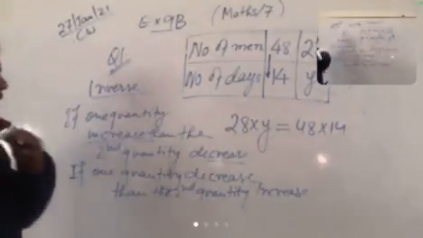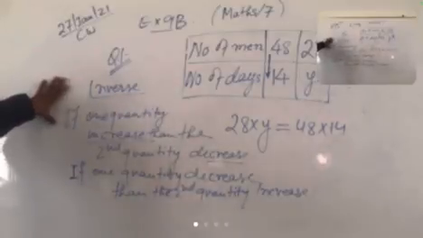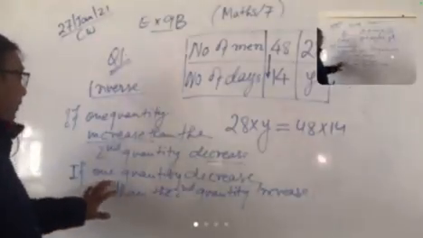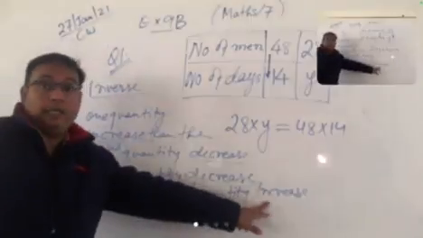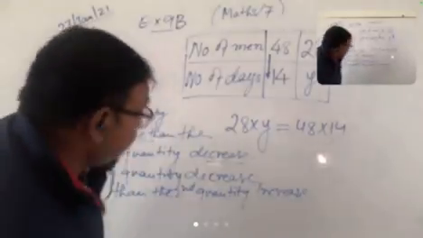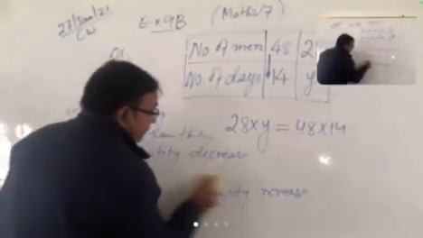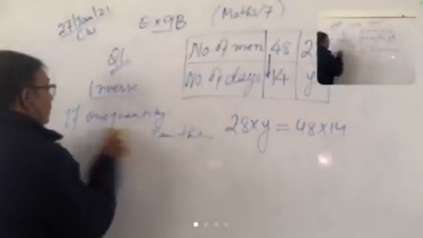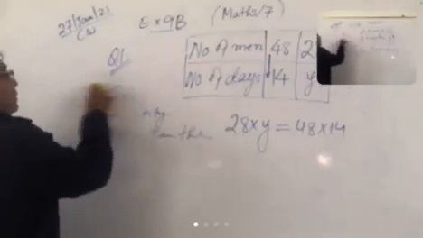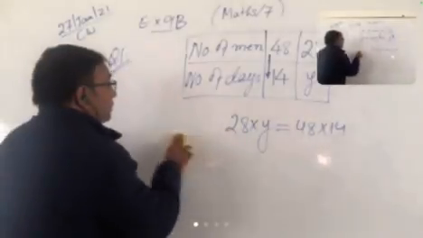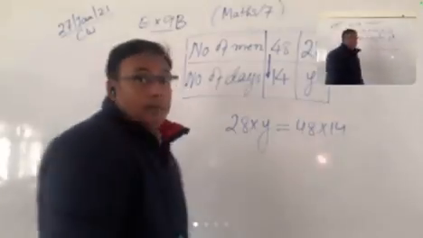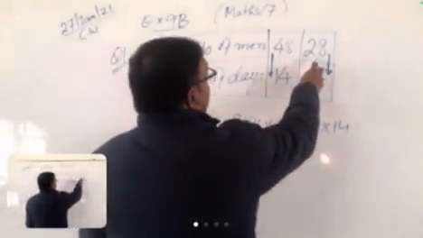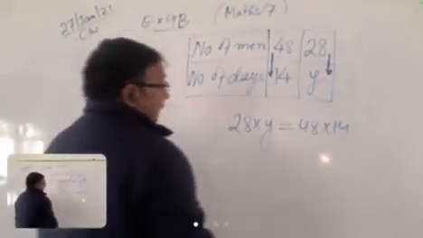Yes, sir. Okay. Now you see, this is the inverse variation. If one quantity increases, then the second quantity decreases. If one quantity decreases, then the second quantity increases. Now in this case, the number of men decreases, so the number of days increases.